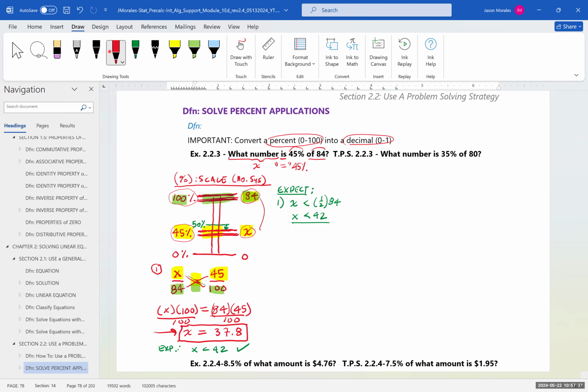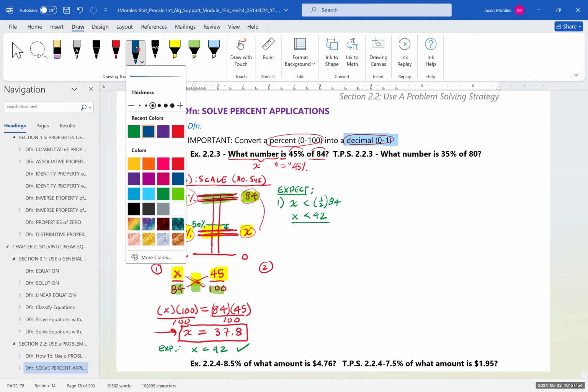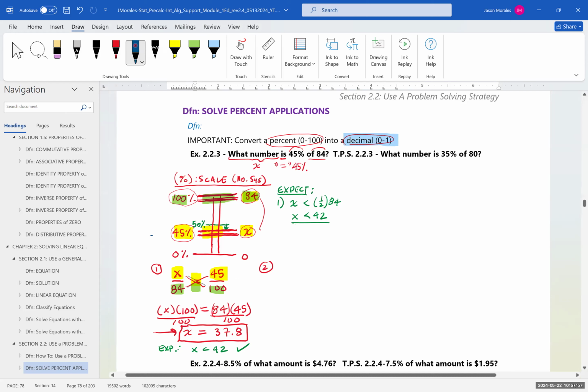I promised you two ways to look at this, so another way is a little bit more of a shortcut. This is where we represent the percentages as decimals. 45% we can write as 0.45, and 100% as a decimal is just 1. Since we have this scale set up this way, we can just cross multiply.